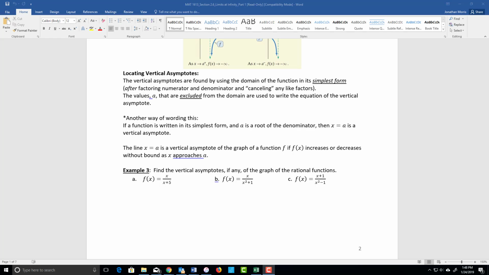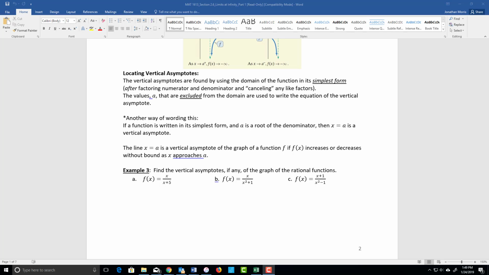The values a that are excluded from the domain are used to write the equation of the vertical asymptote. Another way of wording this: if a function is written in its simplest form and a is a root of the denominator, then x equals a is a vertical asymptote.